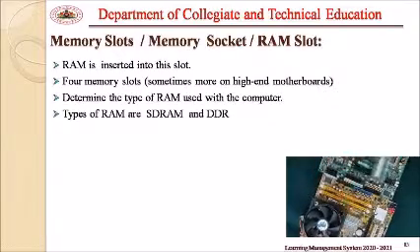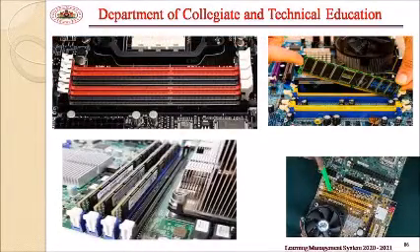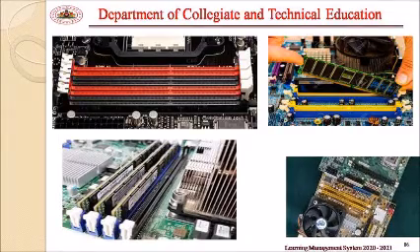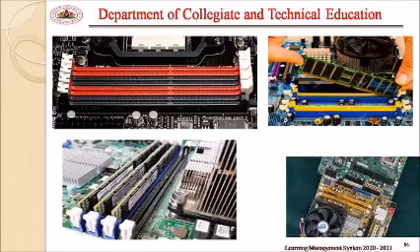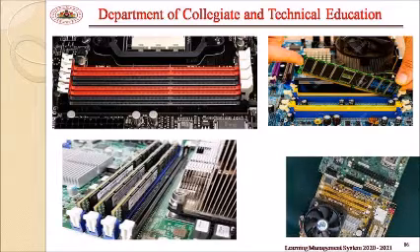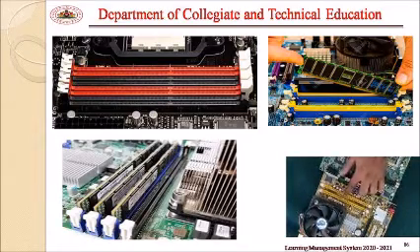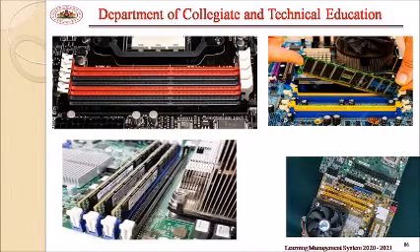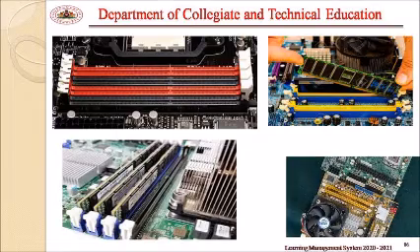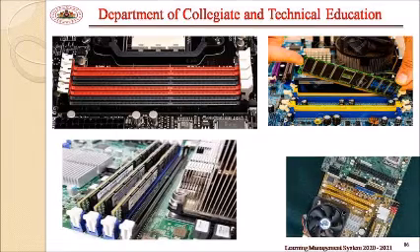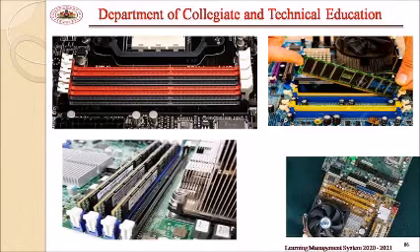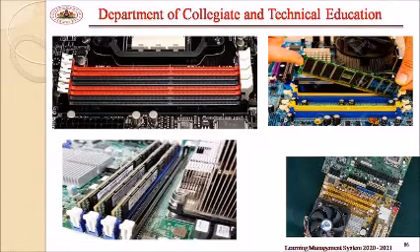The slot also determines the type of RAM we need to insert. There are different types of RAM: DDR1, DDR2 and DDR3. These memory slots determine what type of RAM is to be inserted. The next point with respect to memory slots is that the number of memory slots present on the motherboard depends upon the vendor or the manufacturer.